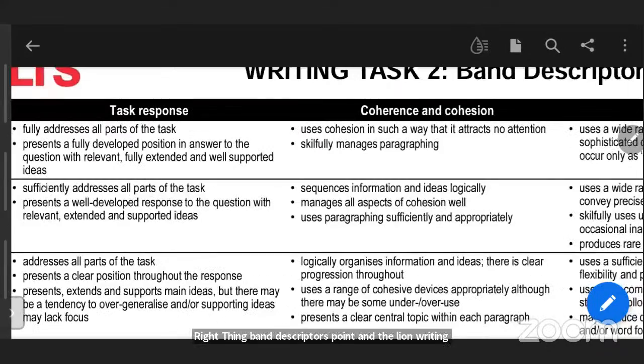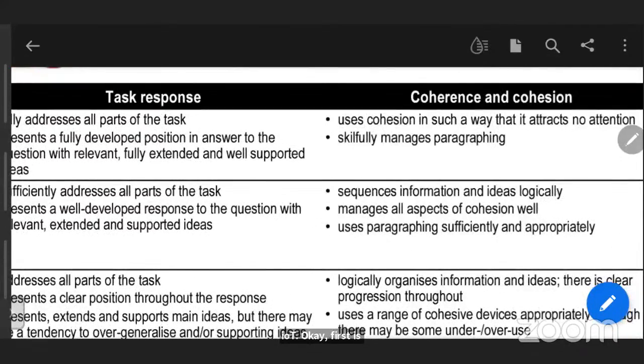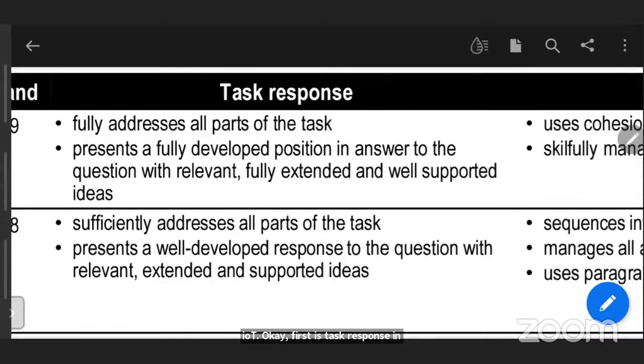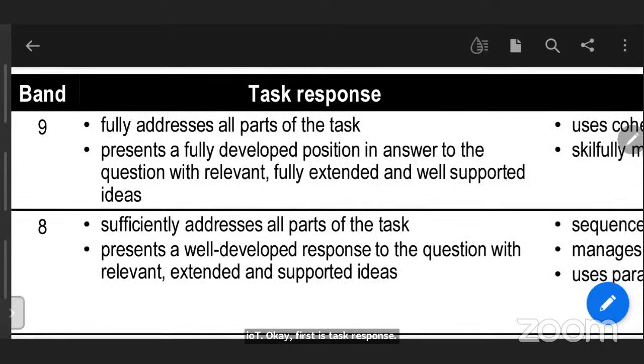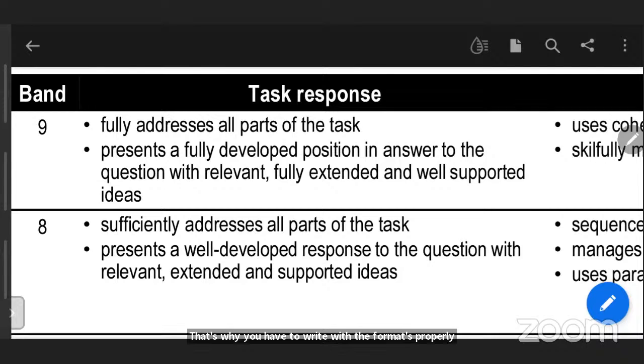Okay. First is task response. In this point, they will examine whether you answer the question correctly. That's why you have to write with the format properly, like how I told you earlier in writing task 1, what you can do, what you cannot do. In writing task 2, what you should do.